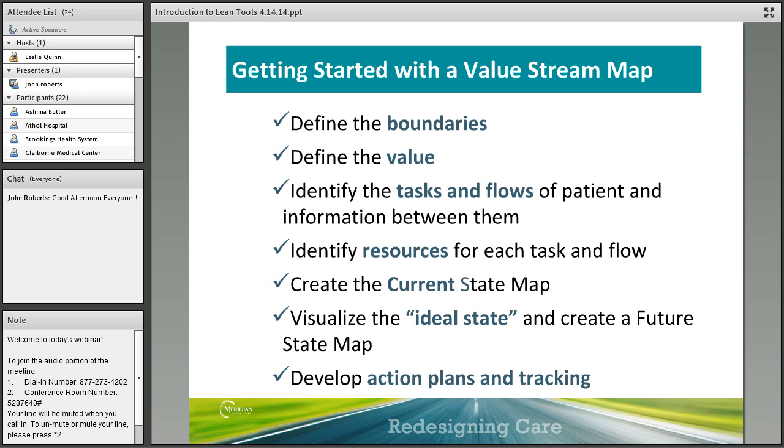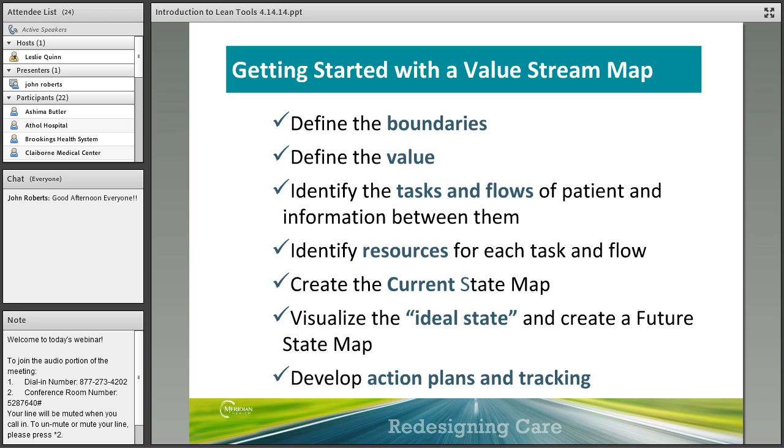We want to identify any resources needed for those tasks, and then we create the current state map, which shows exactly where we are and what we're doing. And then we want to begin to visualize the ideal state. If we could wipe the slate clean and make this process flow better, what would it look like? And that's really beginning to create that future state map.